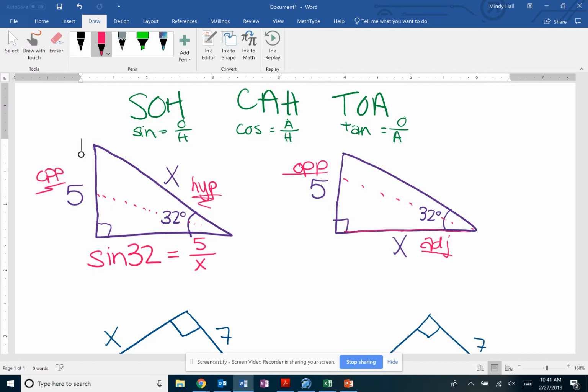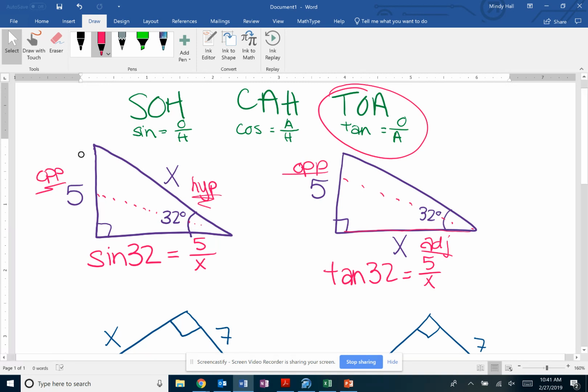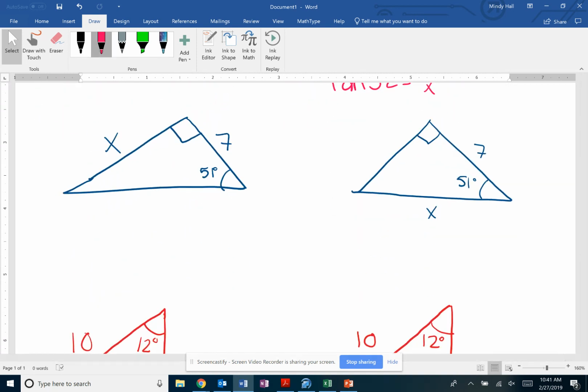Opposite and adjacent only happens in tangent because it's opposite over adjacent. So I would have tangent of 32 equals opposite over adjacent. When picking your trig functions, you're really just looking at what side am I given and what angle am I referring to. So let's scroll down and look at these ones.